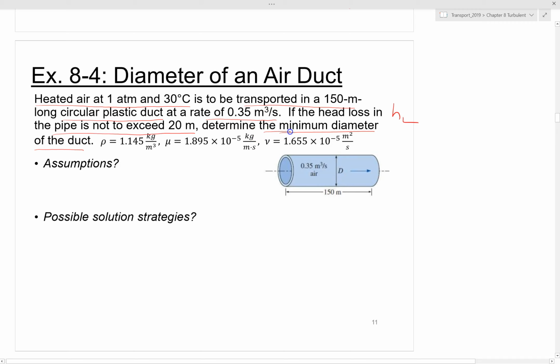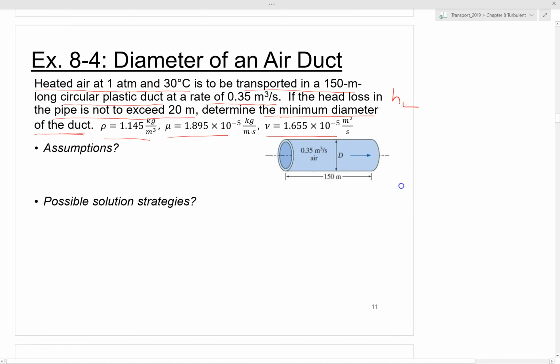Determine the minimum diameter of the pipe. You have the density, mu, and this given V, right?